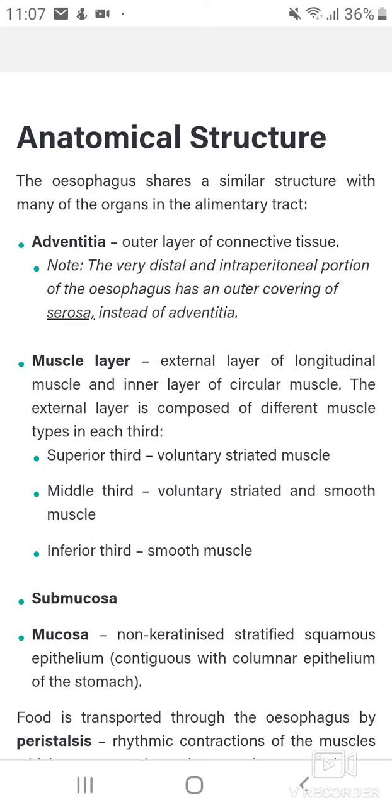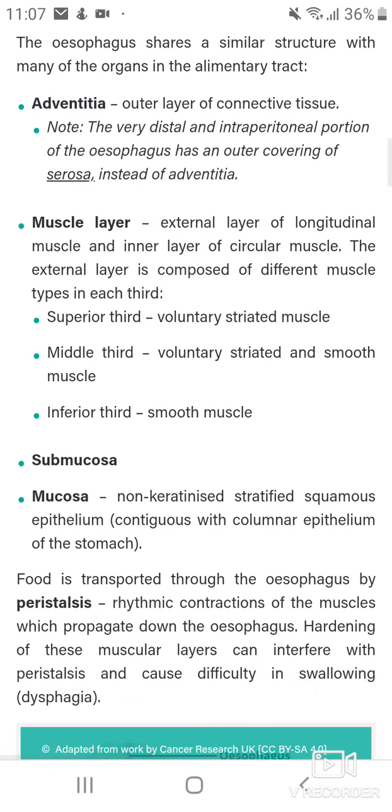Next, muscular layer: an external layer of longitudinal muscle and an inner layer of circular muscle. The external layer is composed of different muscle types in each third. Superior third, voluntary striated muscle; middle third, voluntary striated and smooth muscle; inferior third, smooth muscle. Then submucosa and mucosa. Mucosa: non-keratinized stratified squamous epithelium contiguous with the columnar epithelium of the stomach.